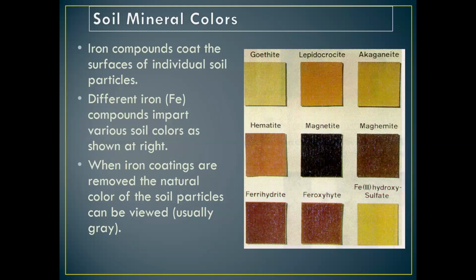So why is most soil brown and reddish? Because that's the iron in it, and that's what's giving us the color. Different iron compounds impart various soil colors as shown there. And when the iron colors or the iron coatings are removed, the natural soil particles can be viewed.